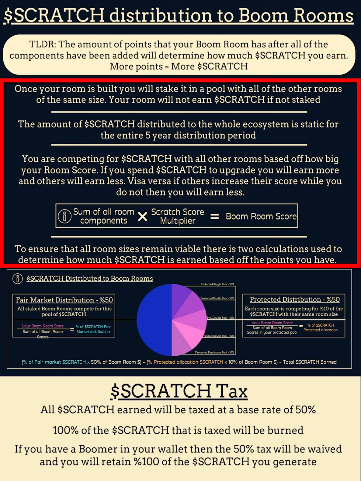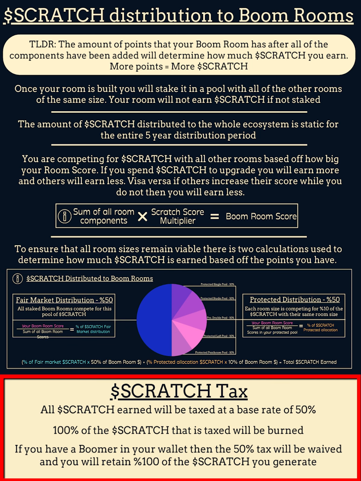Everyone loves them: taxes. The scratch tax works in a very simple way. You must own or hold a boomer at all times in your wallet while your boom room is generating scratch. Otherwise, half of the scratch generated by your boom rooms will be burned.